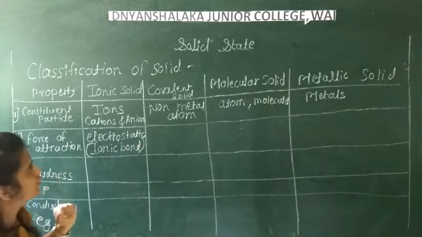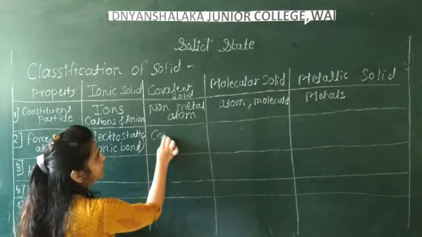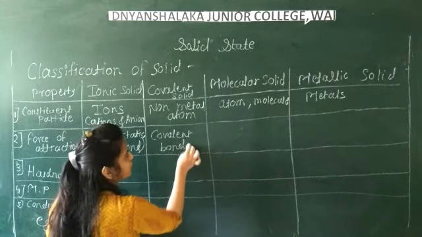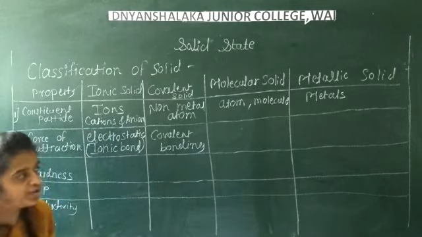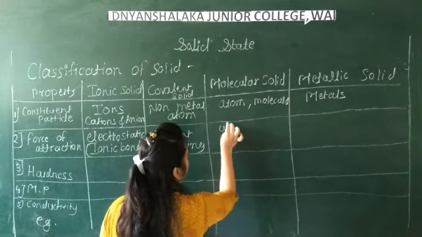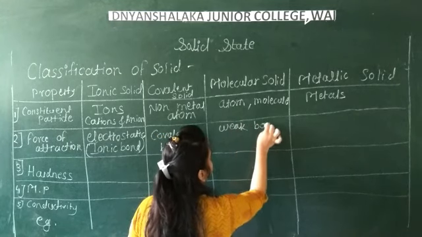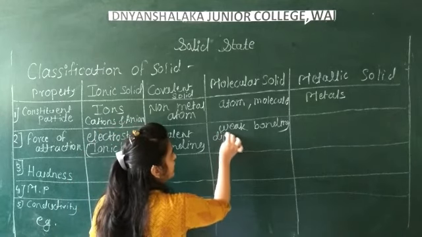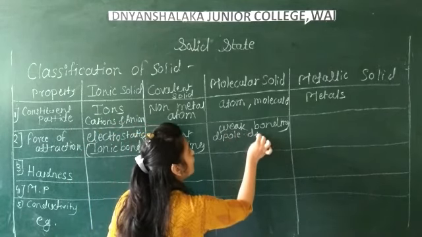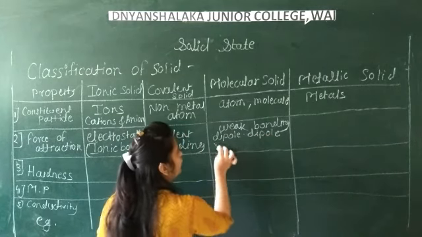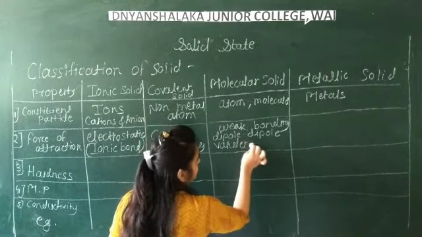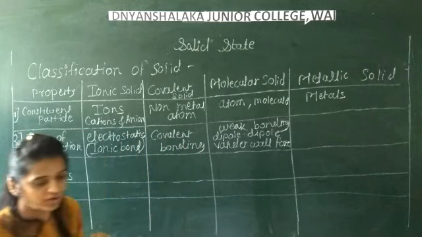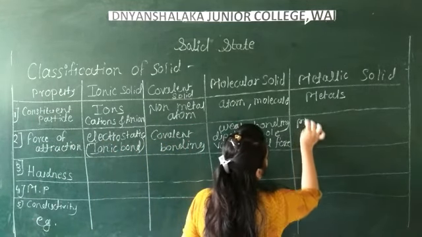In covalent solid, the force of attraction is covalent bonding. In molecular solid, there is very weak bonding, meaning dipole-dipole interaction or van der Waals force. And in metallic solid, a metallic bond is formed.